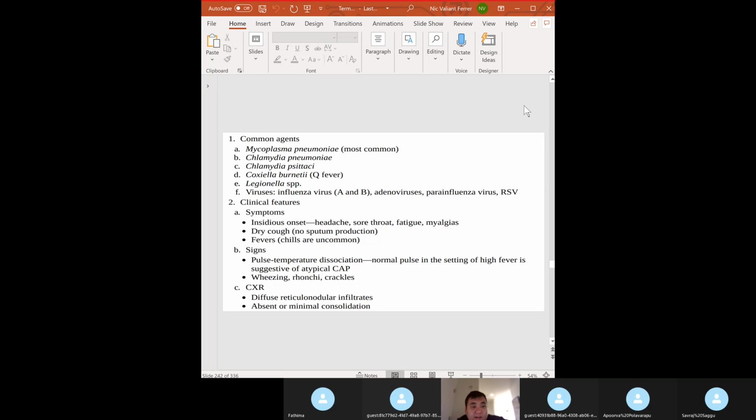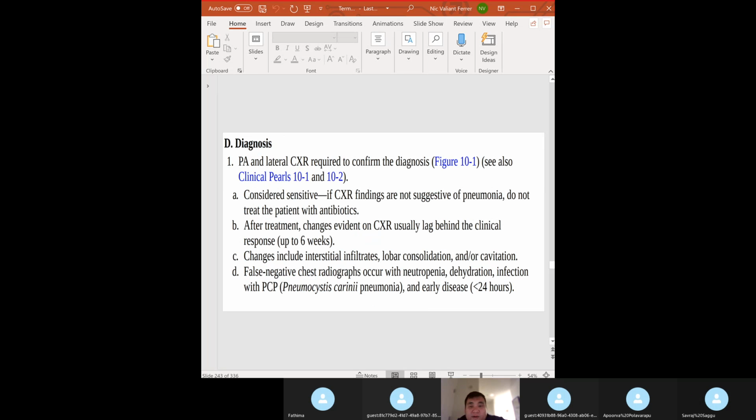They're okay. How are we going to diagnose them? Of course, X-ray to confirm the diagnoses. And then check for neutropenia, check for infection with PCP, and check for general disease. Now, as a doctor, you need to differentiate lower respiratory tract infection from other causes of cough and upper respiratory infection.